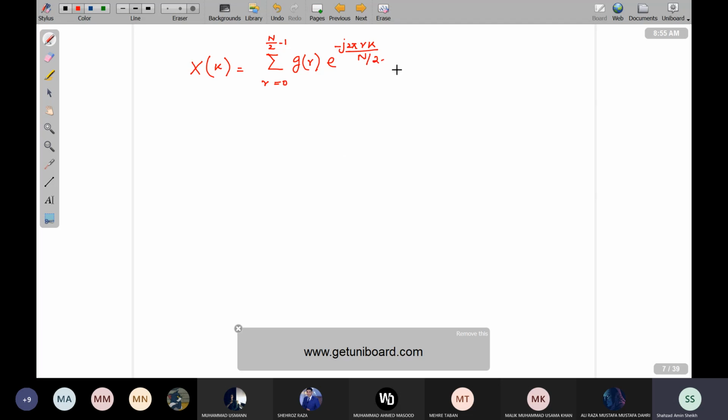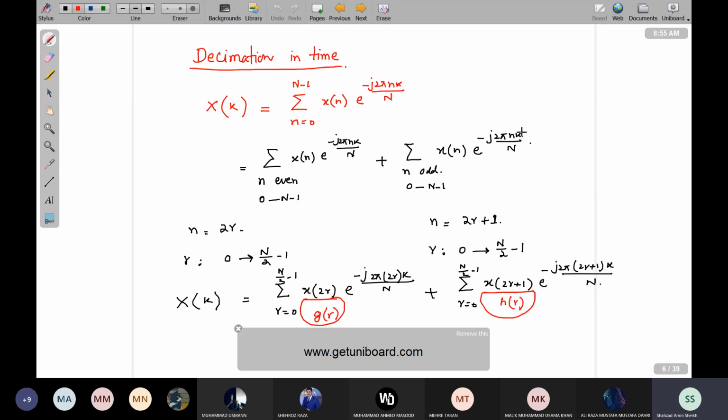I can write it plus the sum over r equal to 0 to n over 2 minus 1, and now x of 2r plus 1 in this portion will be replaced with h of r, exponential minus j 2 pi rk over n by 2, and there is one more term which is associated with this, minus j 2 pi k over n, so that term will come out of it.